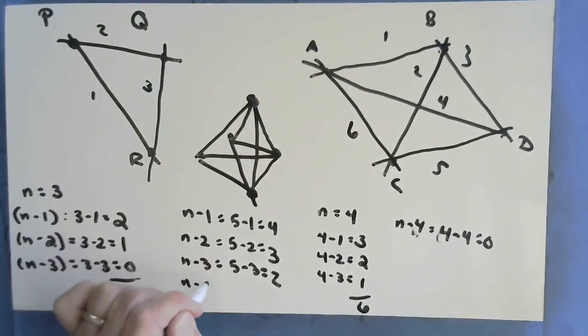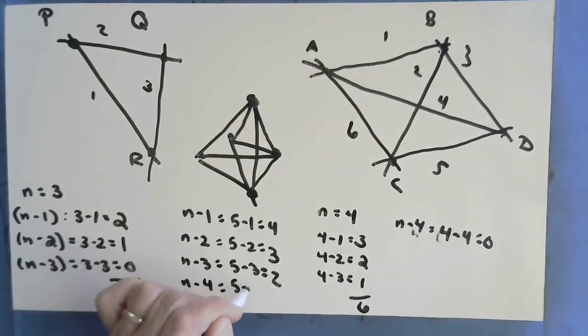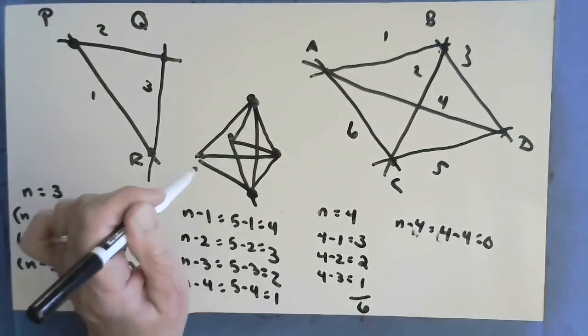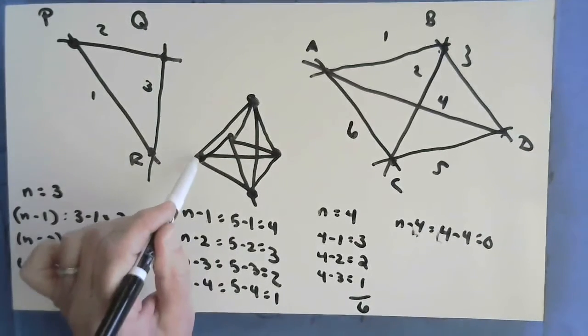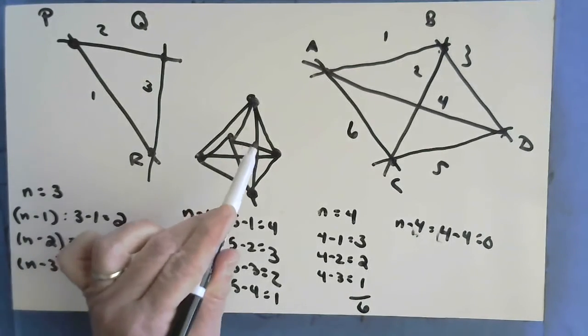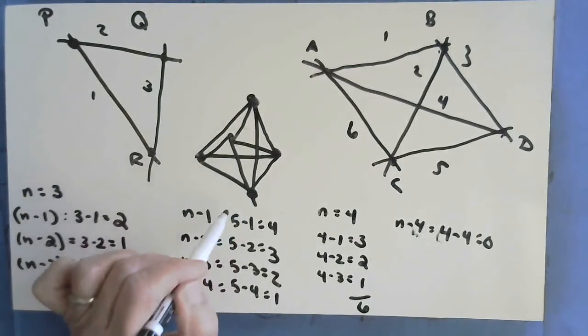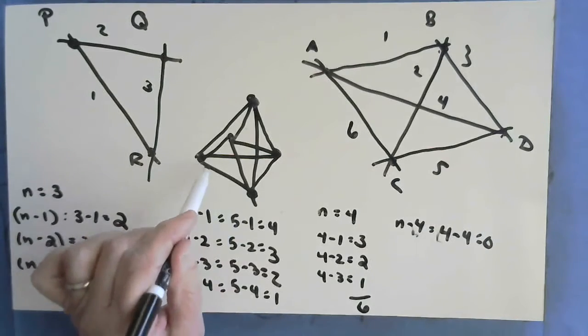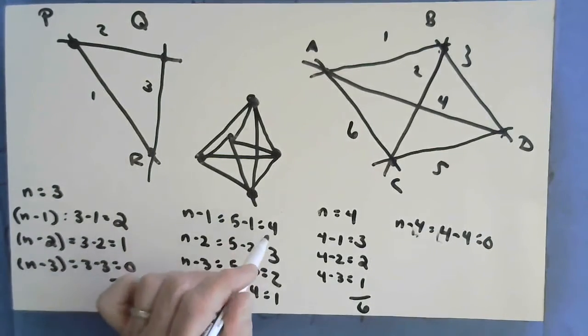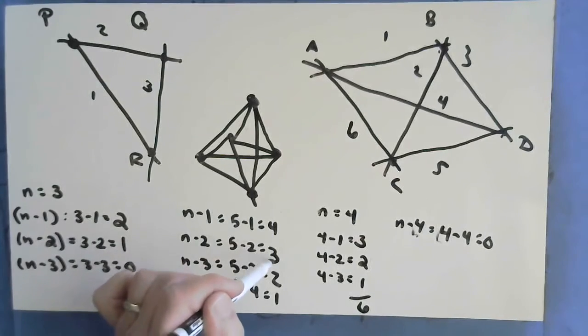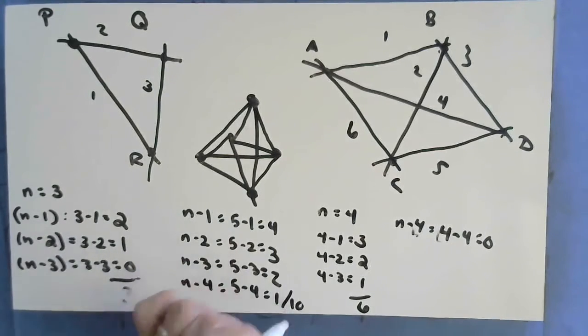And then n minus 4 equals 5 minus 4 equals 1. I expect to make 1 more connection. That's it. And you can see that every single point has been connected to all the other points. And so the total that we got is 4 plus 3 plus 2 plus 1, that's 10. So that's the idea of what I was trying to express in the key.